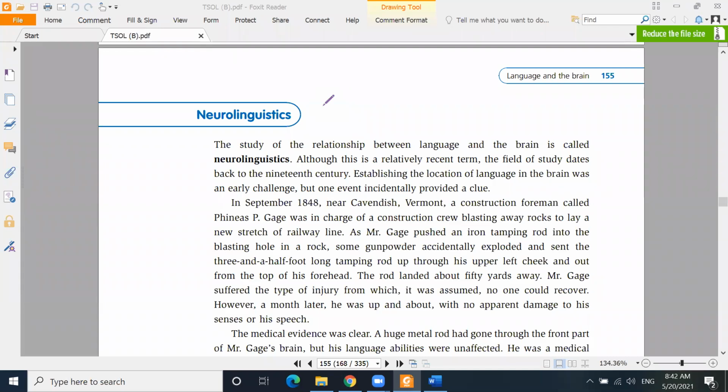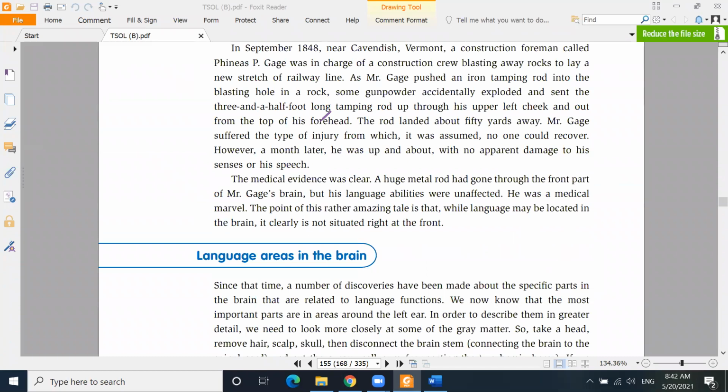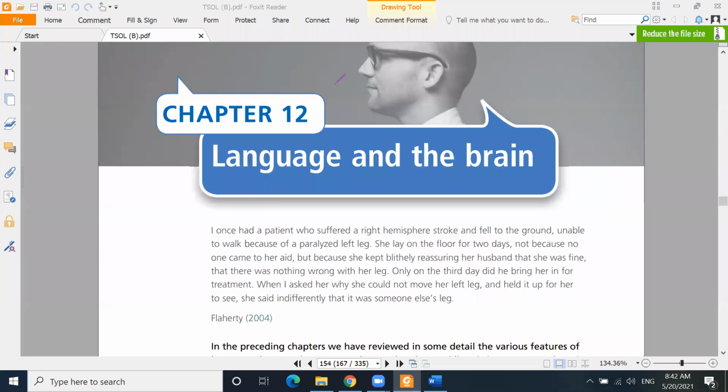Sociolinguistics is language in relation to society.